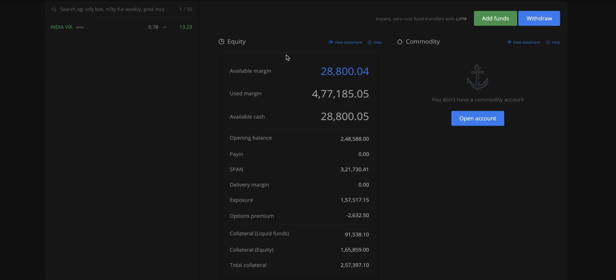Even if you have a couple of positions and they're not running in your favor, it is possible to balance them out. More on option strategies later, but the typical fund that I would be looking at is 5 lakhs, as an option seller, not as an option buyer. How exactly we manage these positions are all other videos that I plan to put up in the channel.